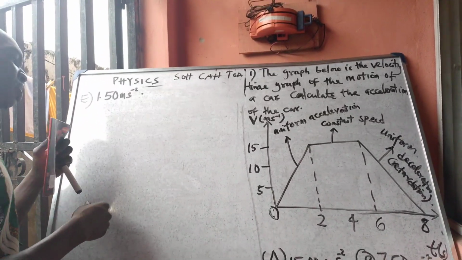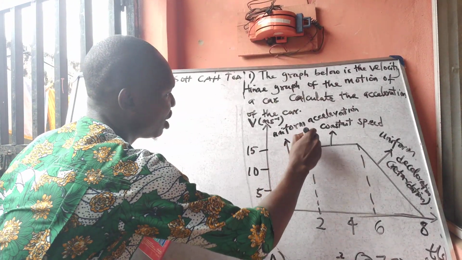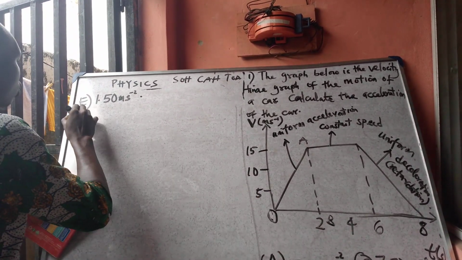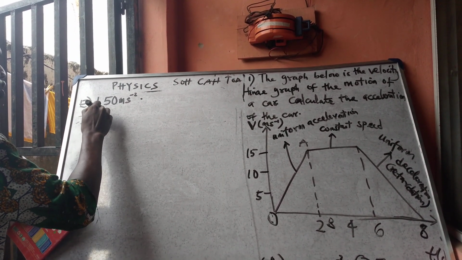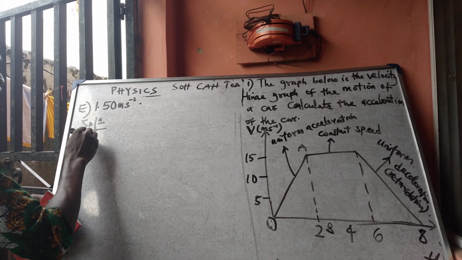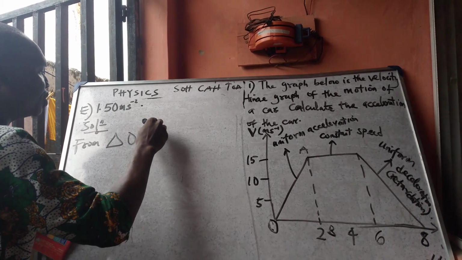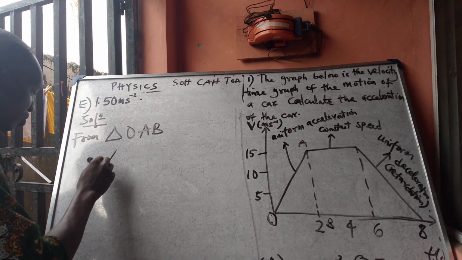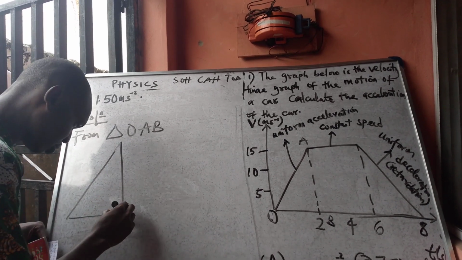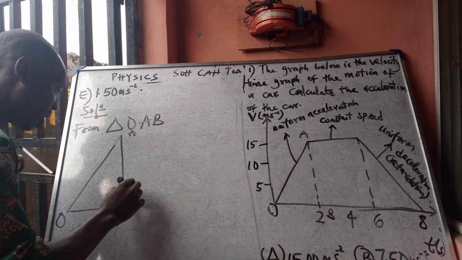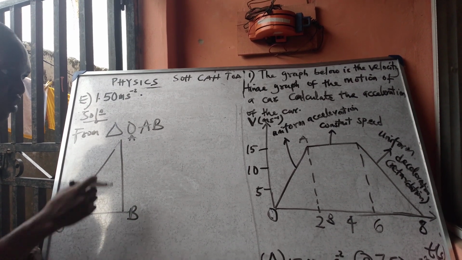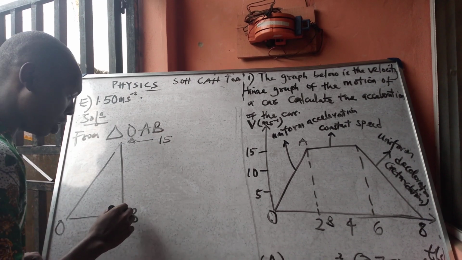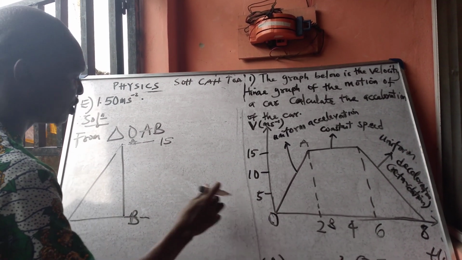Now, we'll take this component. If you say here is O, you can call here A, and here B. Now take triangle OAB. At this point A, you have 15, and at point B here, you have 0.